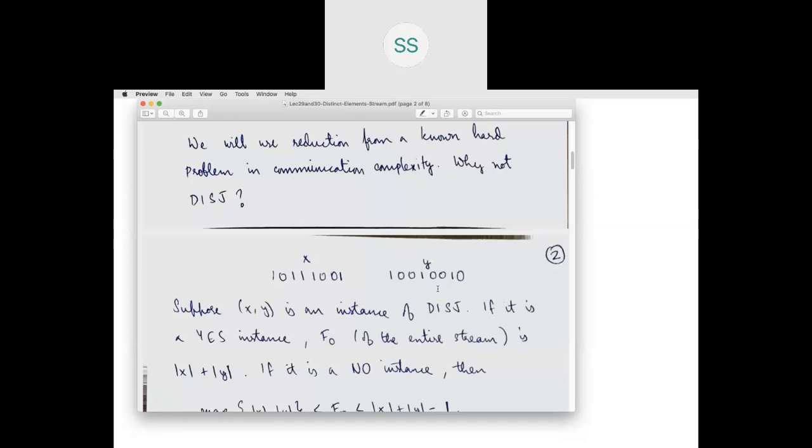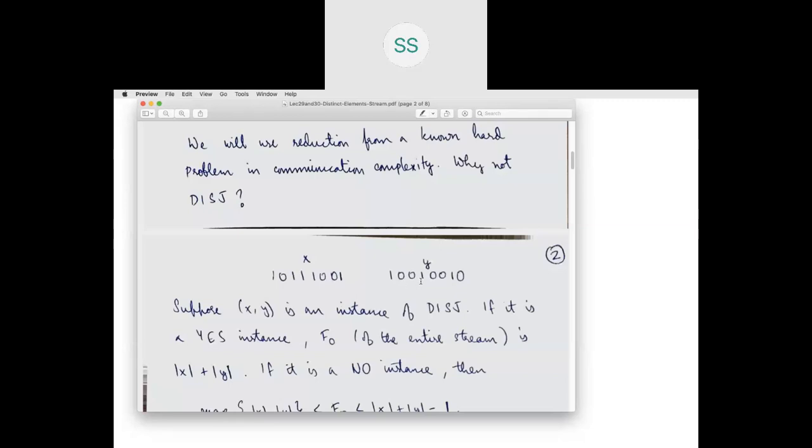So what Alice and Bob can possibly do is that Alice does something and then sends the information to Bob, and then Bob can continue processing. Together X and Y can be considered as one string.